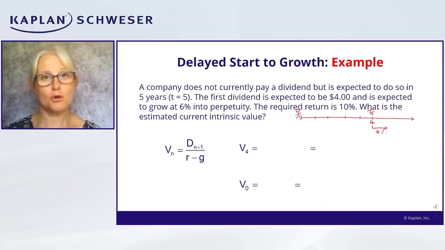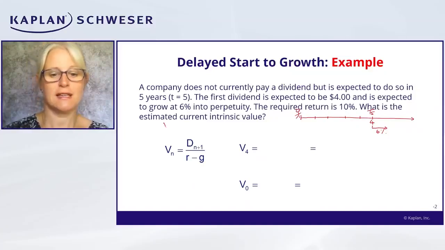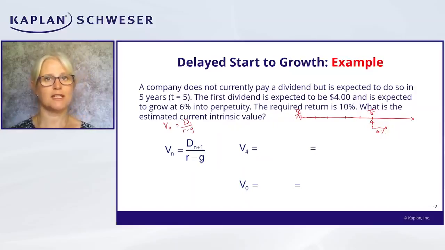Now remember, your normal version of this formula is that the value today, or the present value, is the dividend at the end of the first year divided by required return adjusted for the growth rate. So I am moving things 4 years down the timeline, not 5, because my formula would normally look to time 1 for the first dividend.